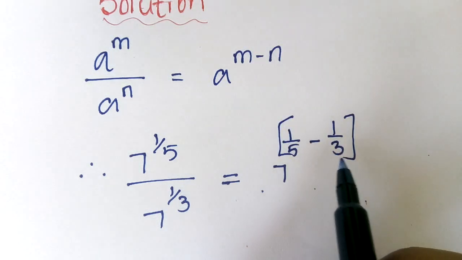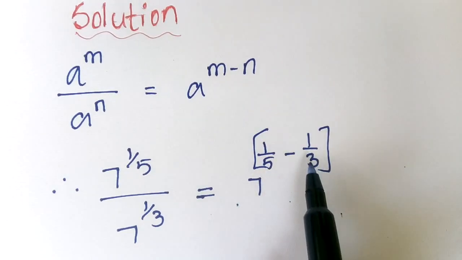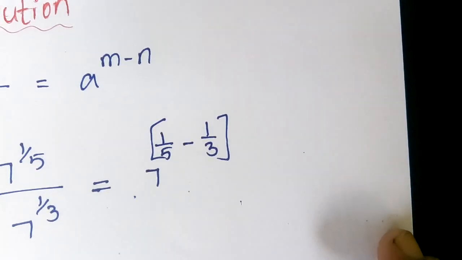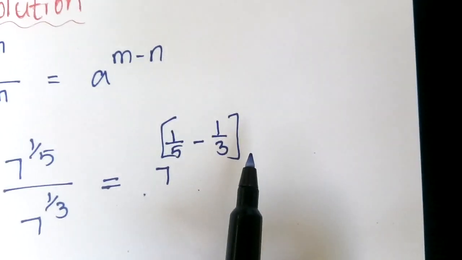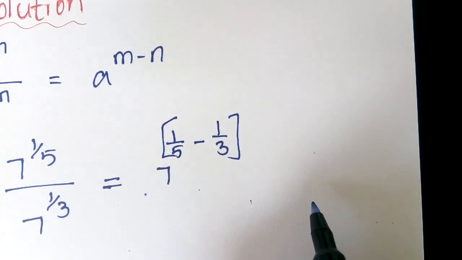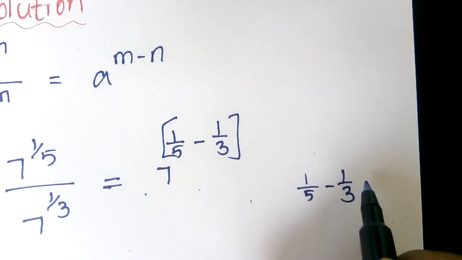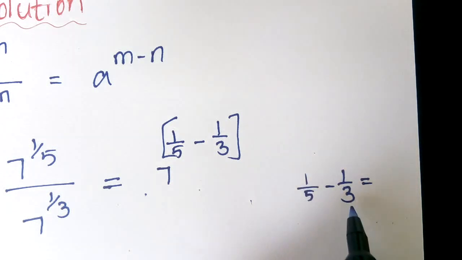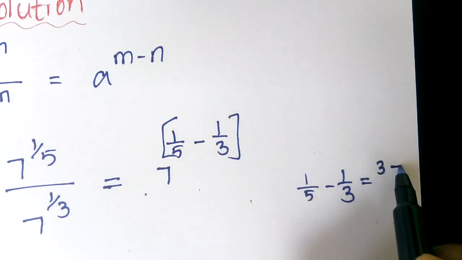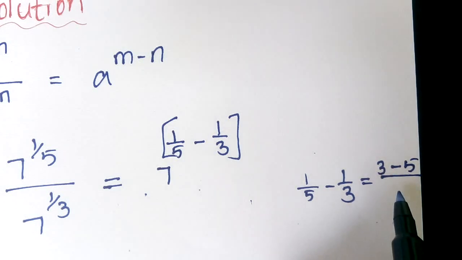Now we need to solve the exponent. They are unlike fractions. So we can apply two methods. One is the LCM method, or the fractional multiplication method. I am applying the fractional multiplication method, or cross multiplication method. 1 by 5 minus 1 by 3 is equal to (1 into 3, 3) minus (1 into 5, 5) divided by 5 into 3, 15.